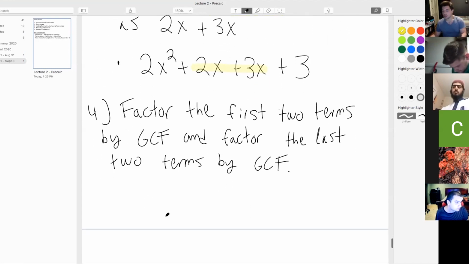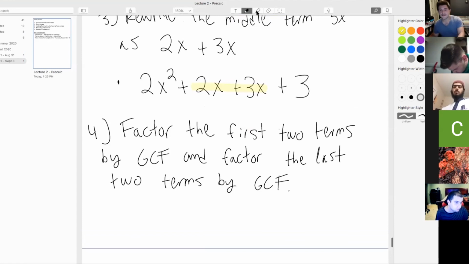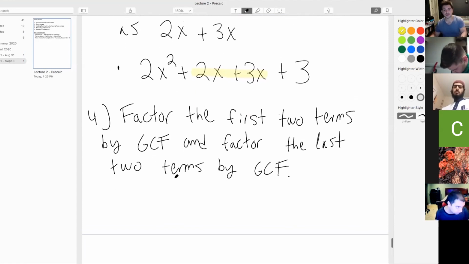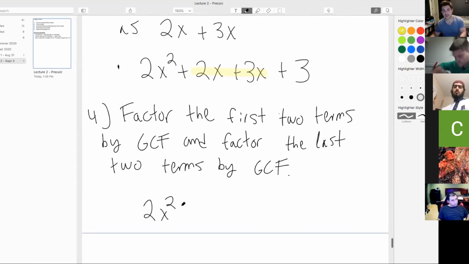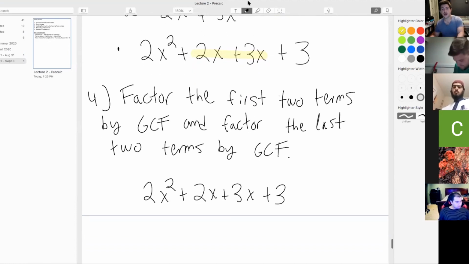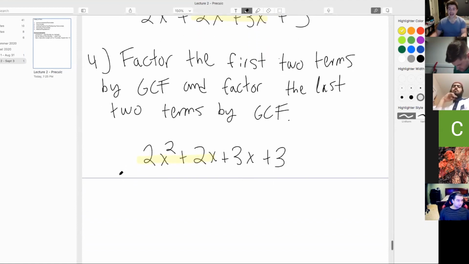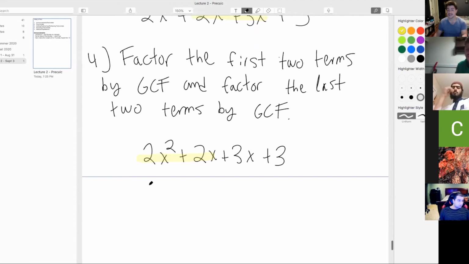So I'm just going to rewrite the polynomial again: 2x squared plus 2x plus 3x plus 3. From the first two terms, 2x squared plus 2x, I can factor out a GCF of 2x. If I factor 2x out, I will be left with x plus 1.